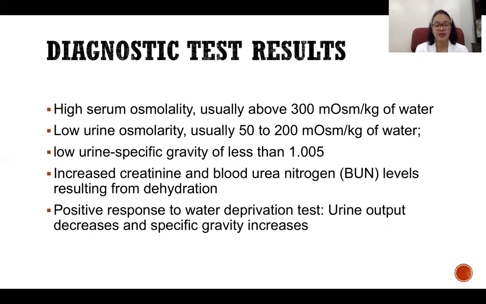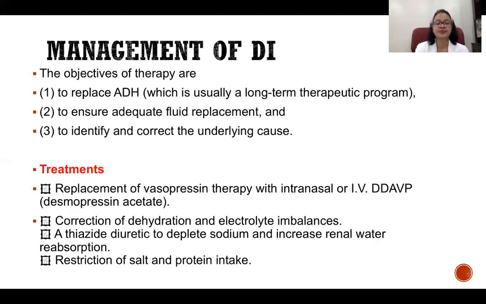And the urine specific gravity is less than 1.005. Because of the dehydration, it can cause increase in serum creatinine and the blood urea nitrogen. And when you do your water deprivation test, there would be a positive test for that, okay?